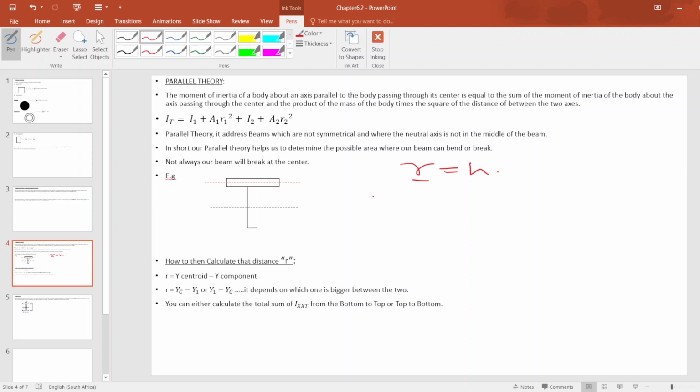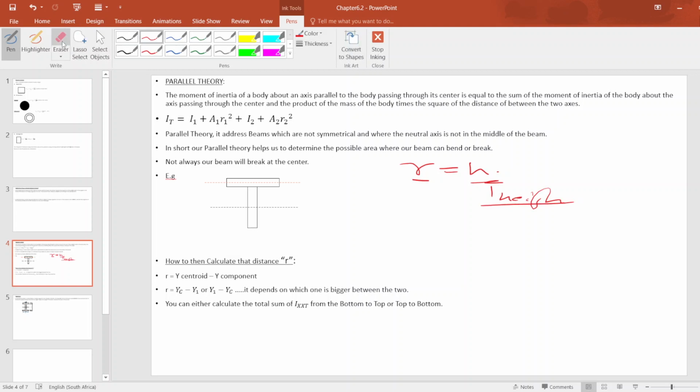I avoid using h because h in our beams is for height. It symbolizes something else, height, right?